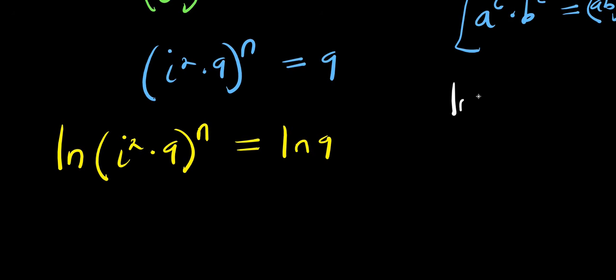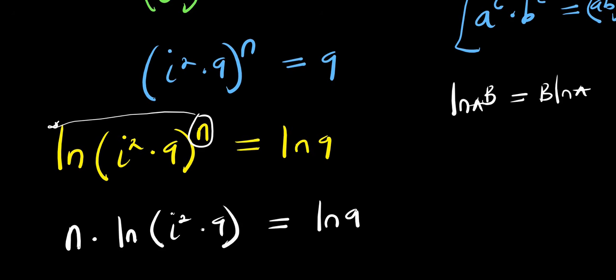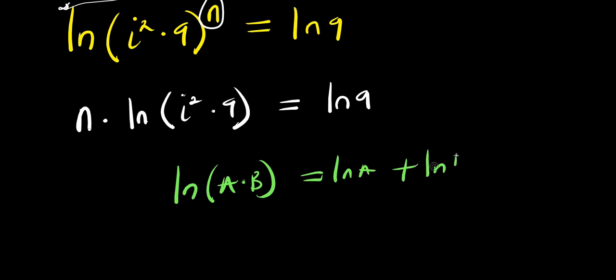Remember, if you have natural log of a power b, this equals b times natural log of a. So the n here will come behind the natural log. We have n times natural log of i power 2 times 9, and this equals natural log of 9. Also, if you have natural log of a times b, this equals natural log of a plus natural log of b.